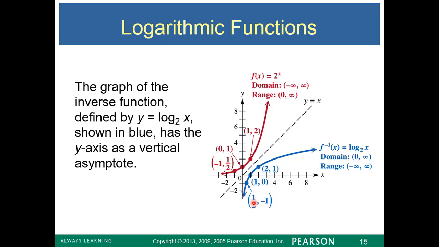So this is going to be 1/a, -1, then 1, 0, and then a, 1. And then, again, the domain and the range flip. So we know the domain of this is going to be all positive numbers, and the range is now going to be all real numbers for the log.